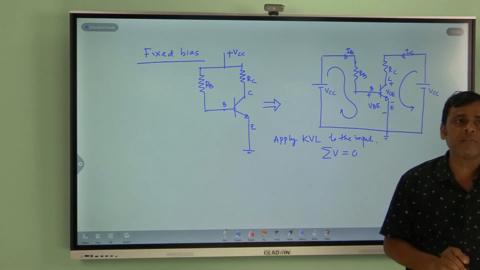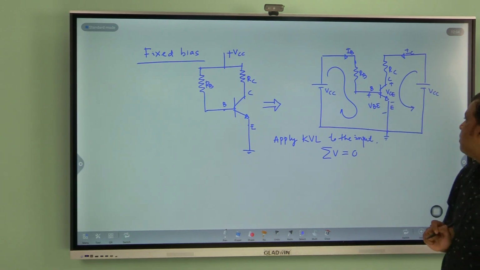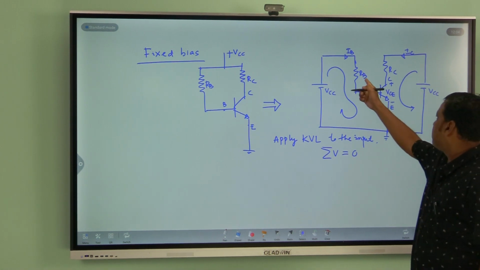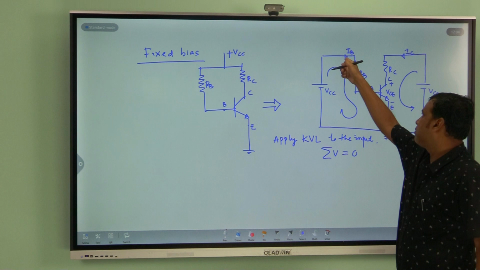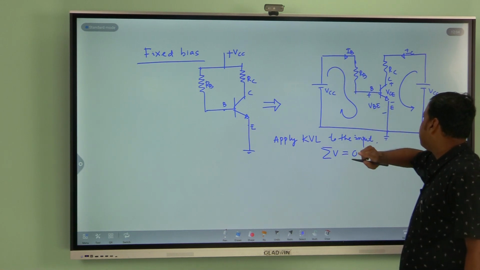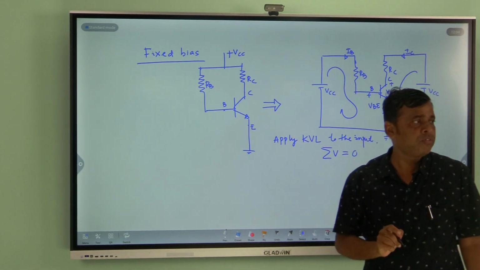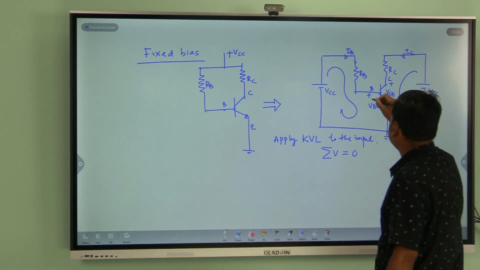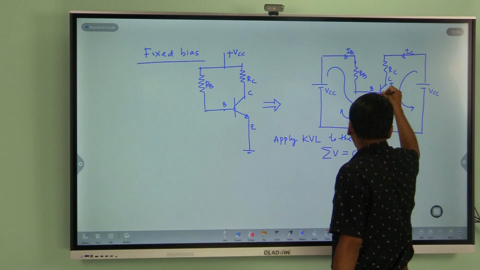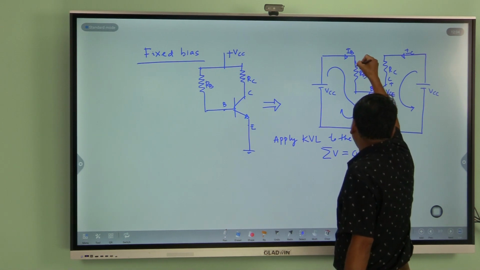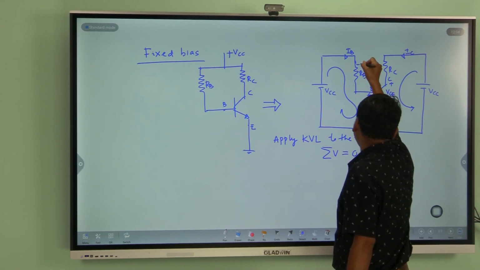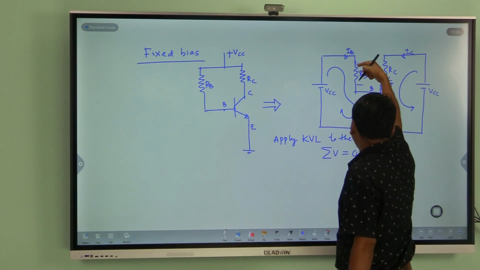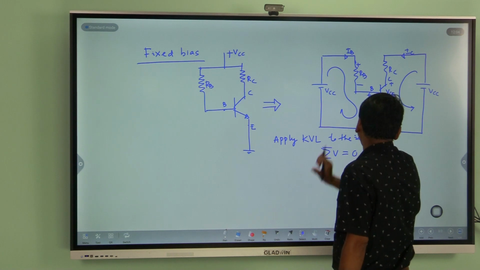If there is a voltage, keep it as it is. If there is a resistance, multiply with the current. For the resistance RB here, the current is your base current IB. For the direction of a voltage source, if you move from plus to minus, that is minus, and minus to plus is plus. Here the current is flowing in this direction, so current entering this resistor, this terminal is plus and leaving is minus. Entering plus, leaving minus, and there is a potential VB.